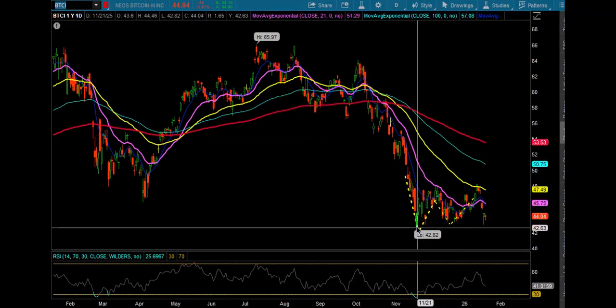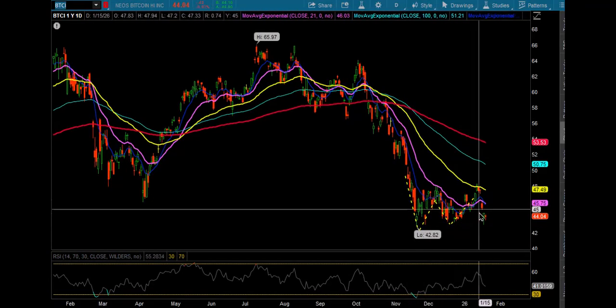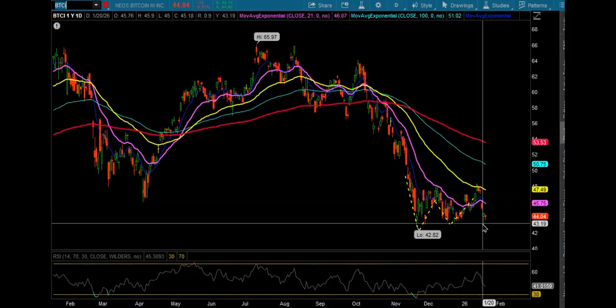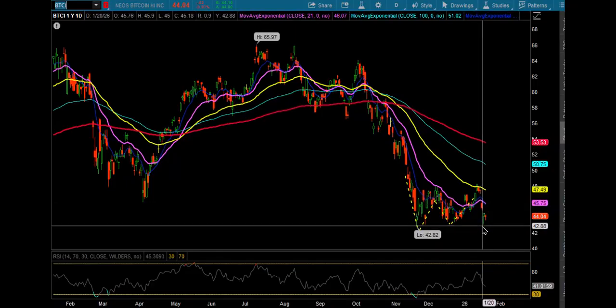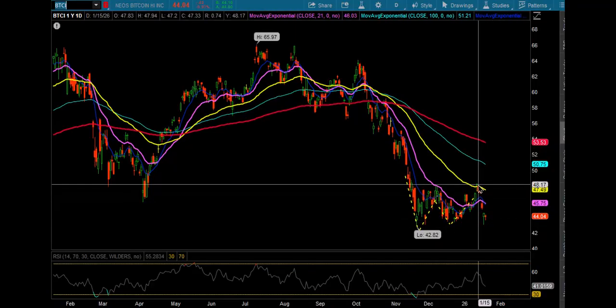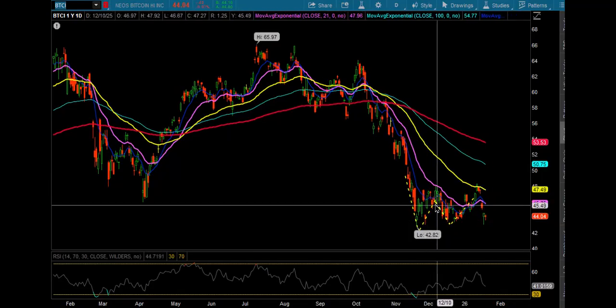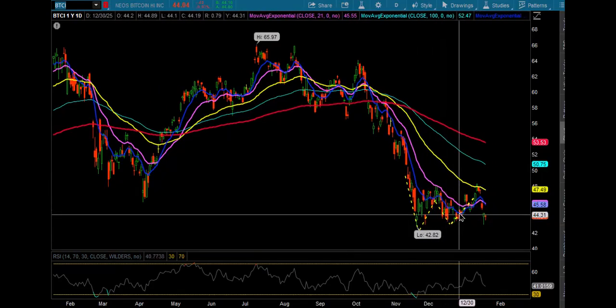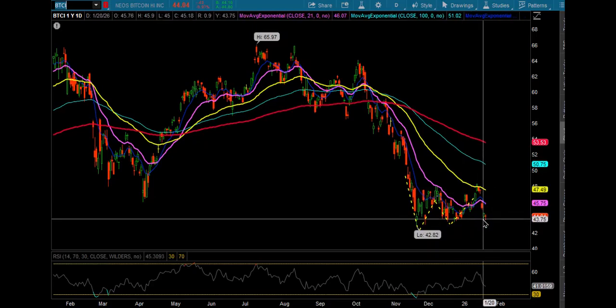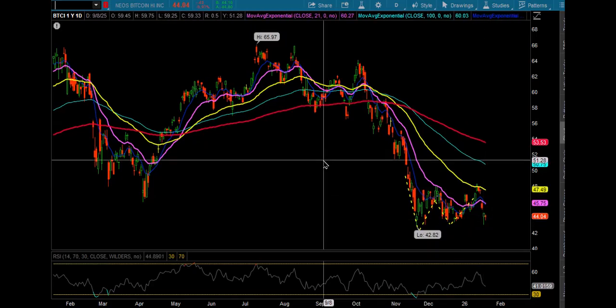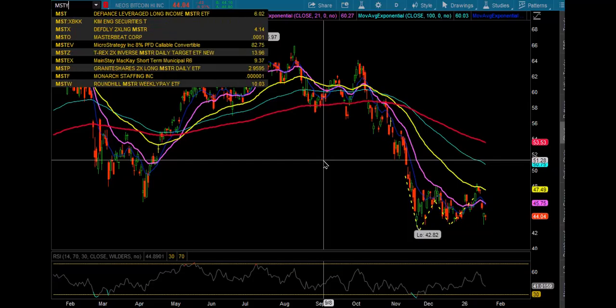It has a similar chart, a W-like pattern here. It has been gapping down and is forming a base between the 42 and 47 range. BTC-I is a NEOS Bitcoin ETF directly correlated to Bitcoin, writes calls on the futures, and that's how they make the money. Let's get into MSTY again.